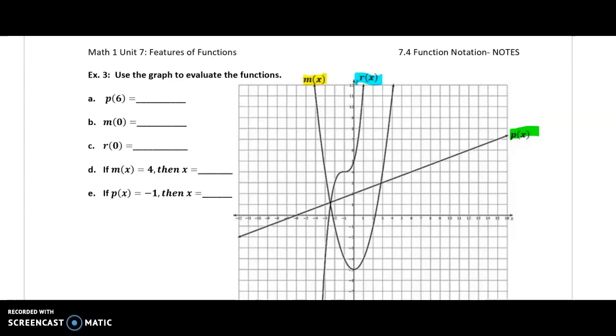The first one says p of 6 equals. We have to understand the notation: we are looking for the output value for the p function given the input value of 6. The way we do this is we first look for that input value of 6 along the x-axis.